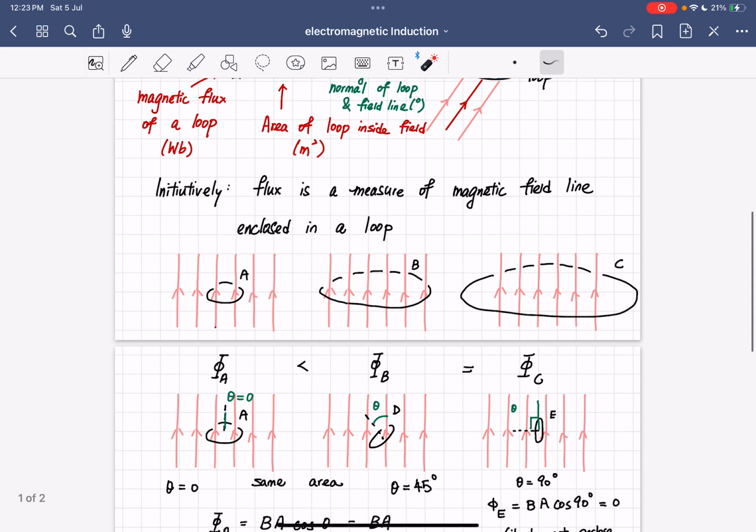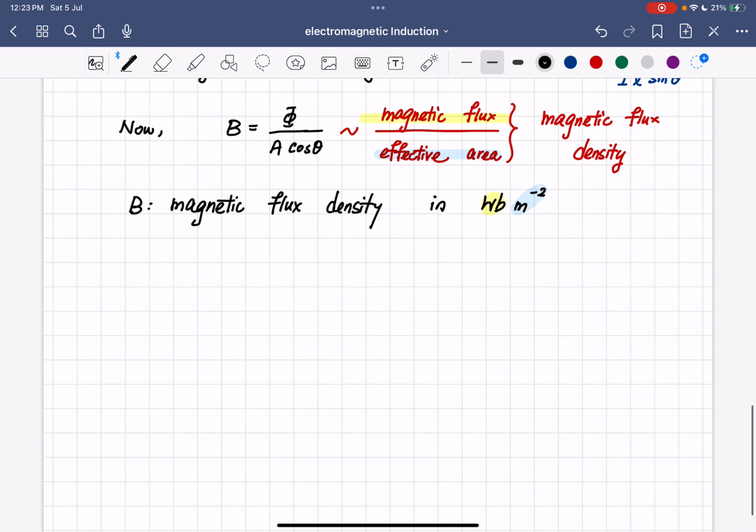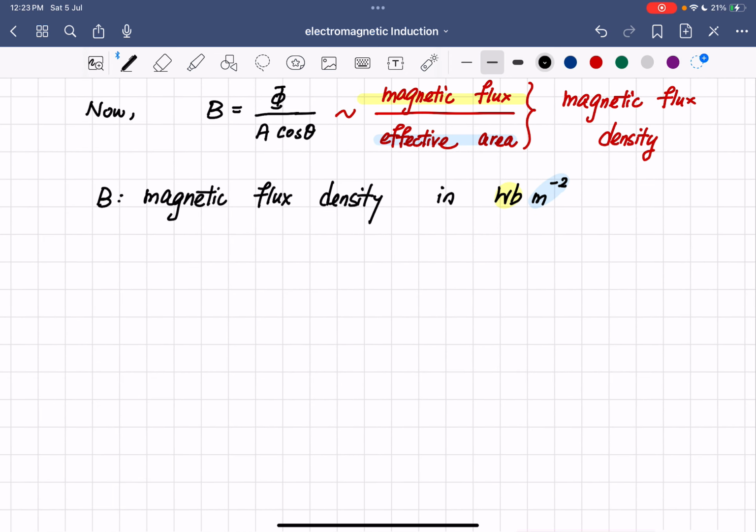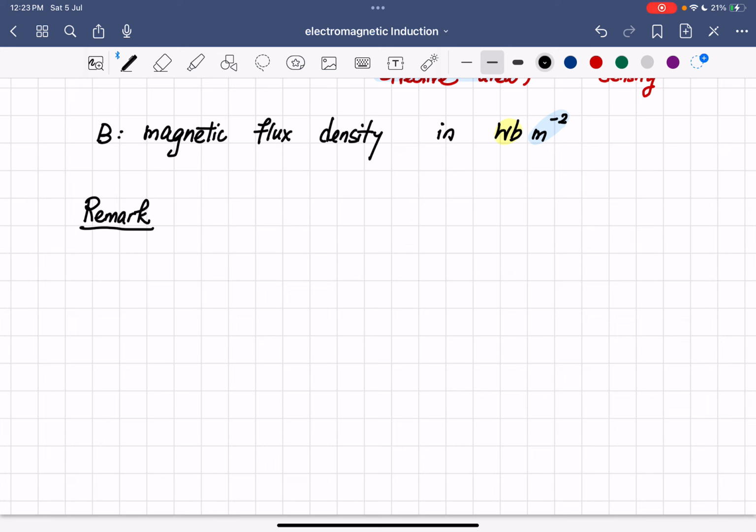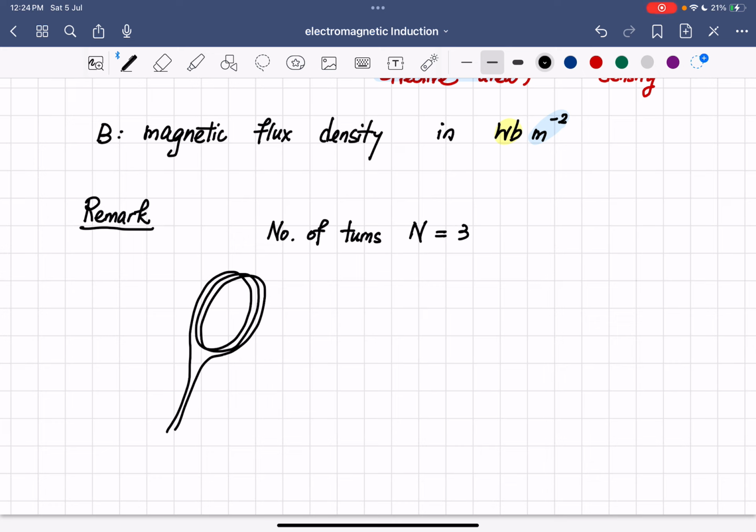However, when this loop is a real loop made of conductors, it can even have many turns. So for example, it can have a loop with a few turns, like this. It has N as the number of turns, let's say 3 in this case.